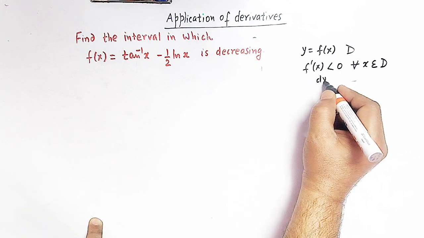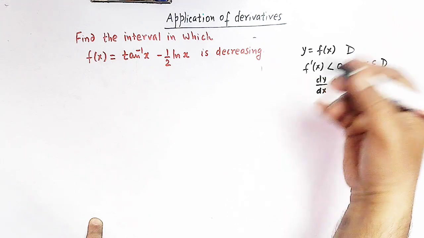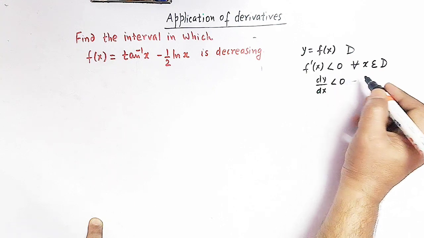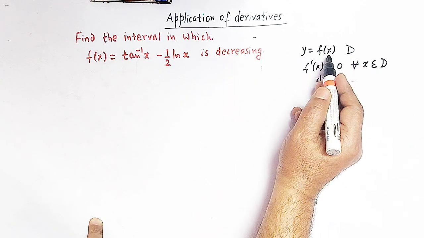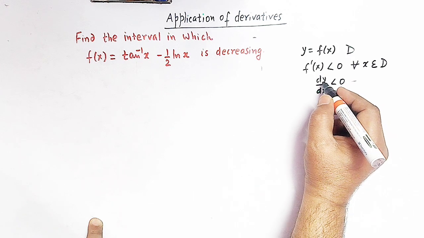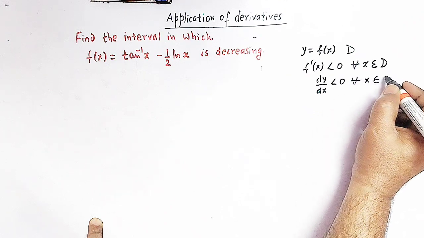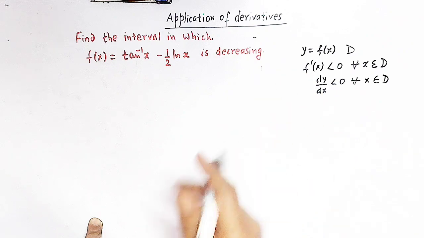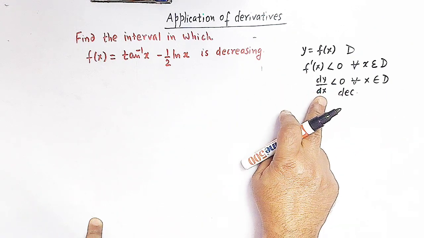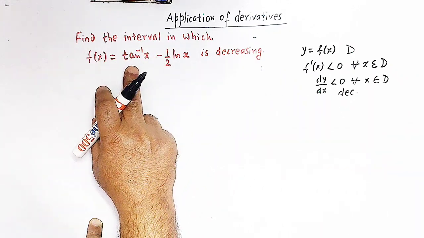So if the derivative, that is dy over dx, is negative, or the slope of the tangent at the given curve is less than 0, then the function y is equal to f of x is said to be decreasing at the given point, right? So if dy over dx is less than 0 for all x belonging to the domain D, then the function is said to be a decreasing function. So here we'll apply this definition of decreasing function to find the interval, right?